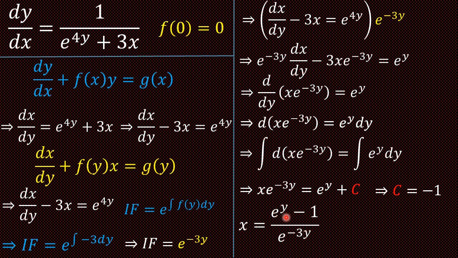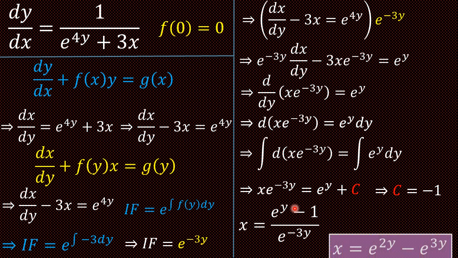This we can do e raised to the power y over e raised to the power -3y. Indices come in now, and we can also do -1 over e raised to the power -3y, right? Good. And indices as well come in. So at the end of the result now, if we solve so well, guys, we are going to have our answer as x equals e raised to the power 4y minus e raised to the power 3y.